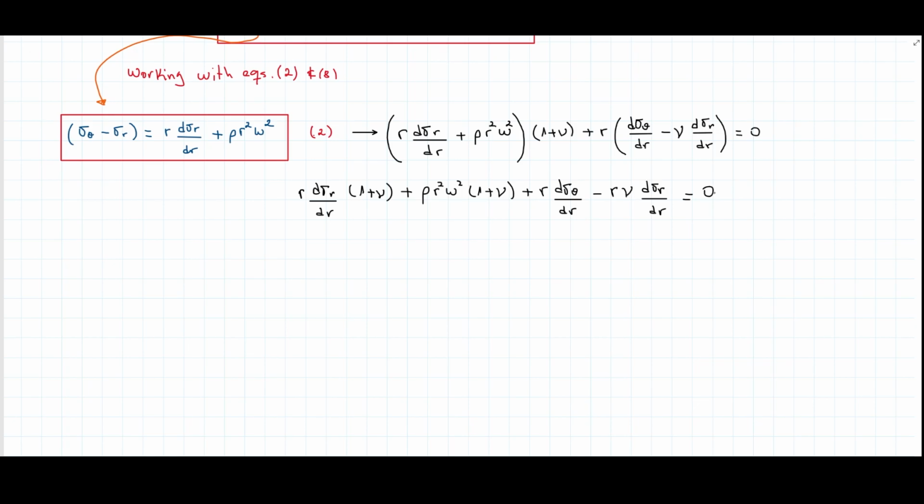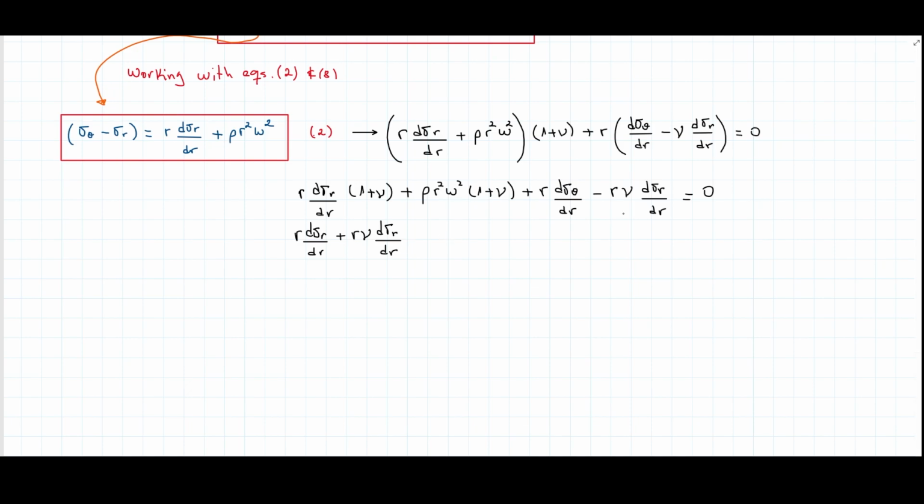All right, so what's happening here? Let's keep separating things, because there are some terms we might be able to get rid of. So let's split, for example, just this part here, because there are some common terms that we might get rid of. We're going to have r, this times 1 is the same, plus r, this one, times this other Poisson ratio.